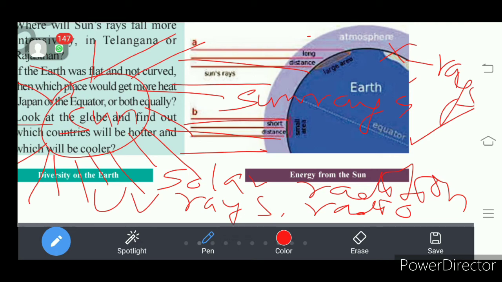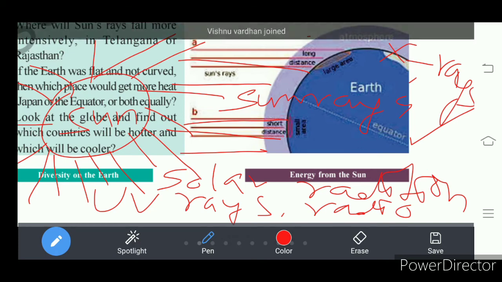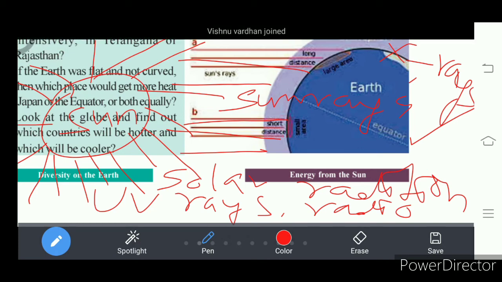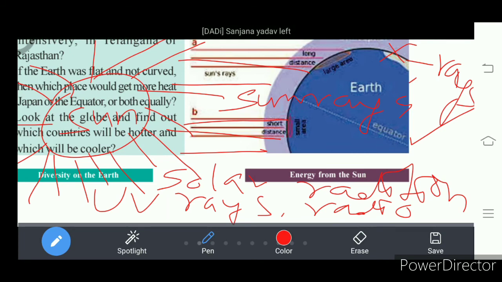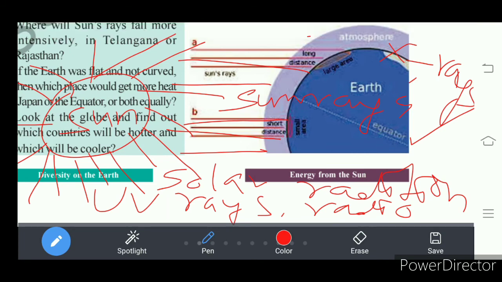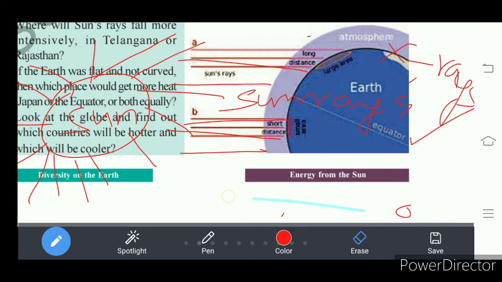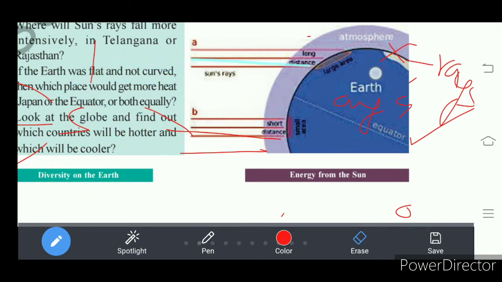We can feel, right? When we feel it is hot, that means temperature is increasing. When we feel it is cool, the temperature is low. Can you see the temperature? No, we can sense it. Can you see radio waves, X-rays and UV rays? No, we can sense them. All these are different forms of energy coming from the sun.